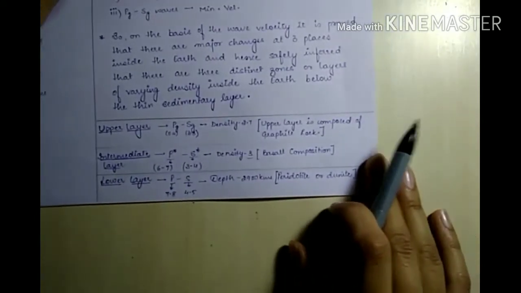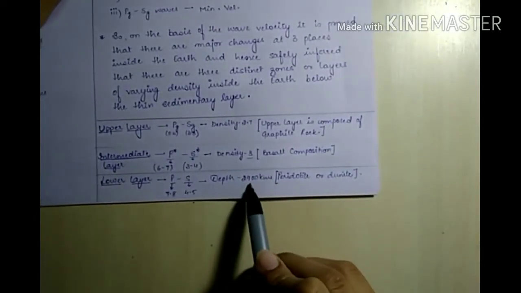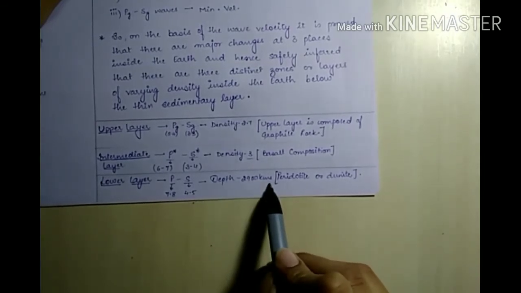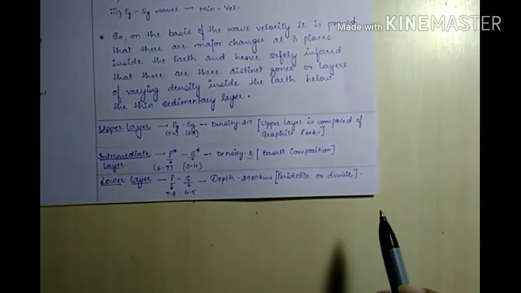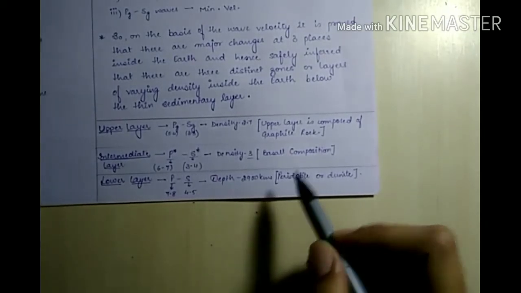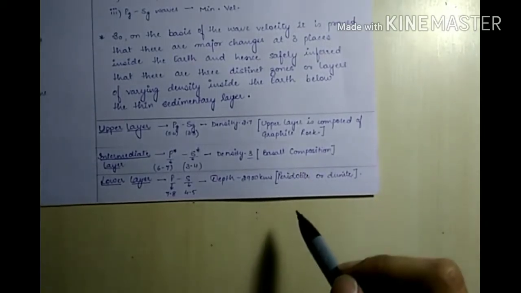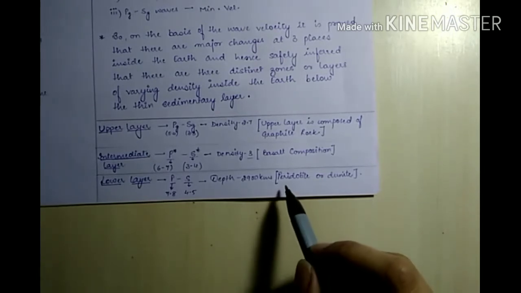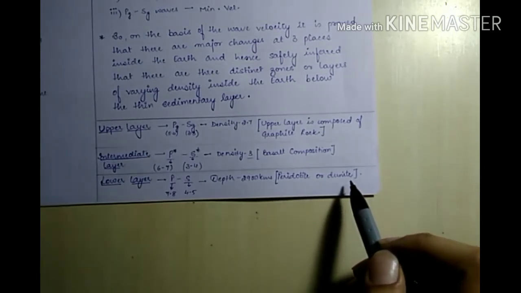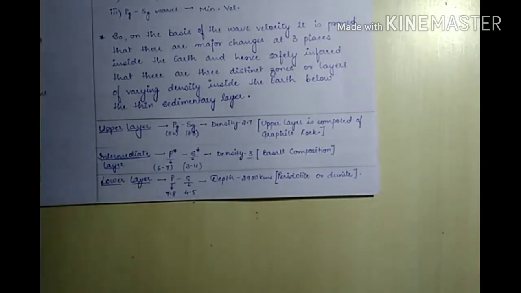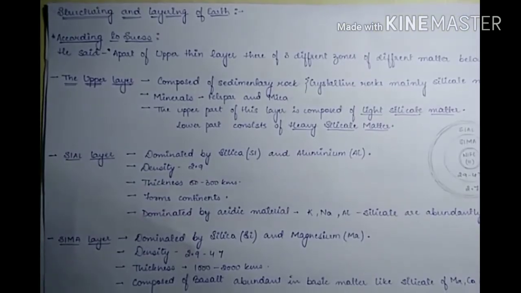So it was at the depth of 2,900 kilometers, and they thought that the material which this layer was composed of is either peridotite or dunite. Okay, so that was the interior of Earth according to seismic wave theory.